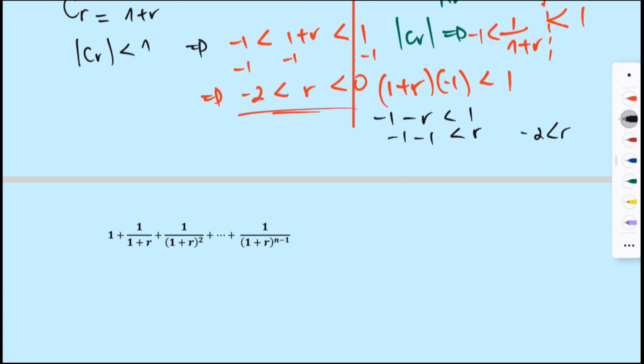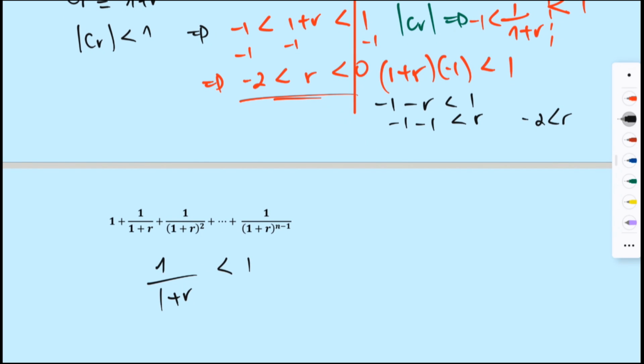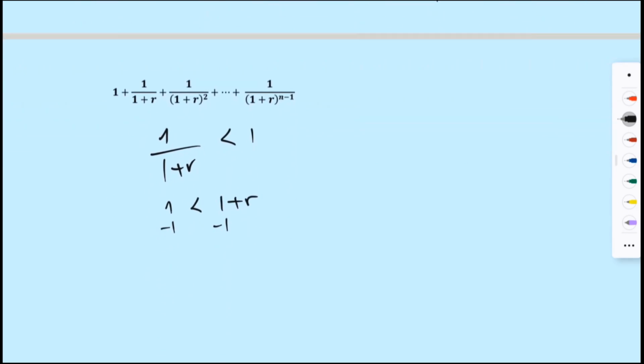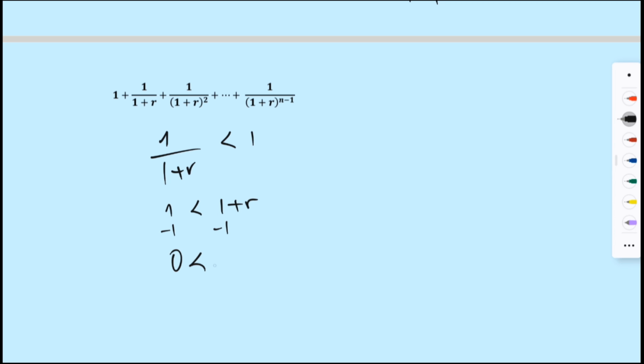So I'm going to take the right hand side. 1 over 1 plus r should be less than 1, so that we do 1 is less than 1 plus r, and then I minus 1 here, minus 1 here, to get 0 less than r, which means r is greater than 0.